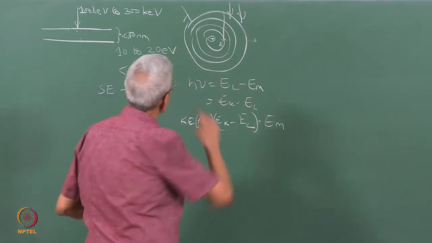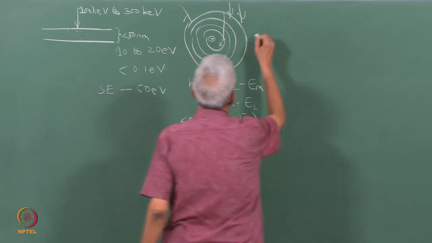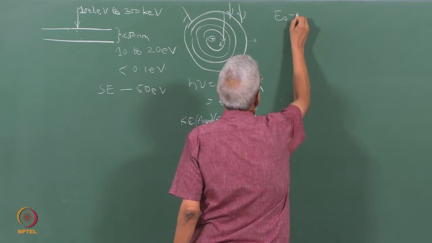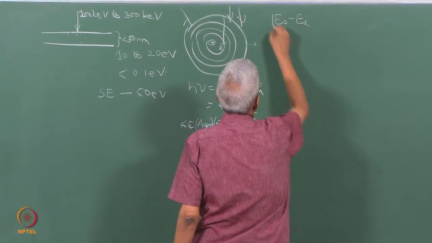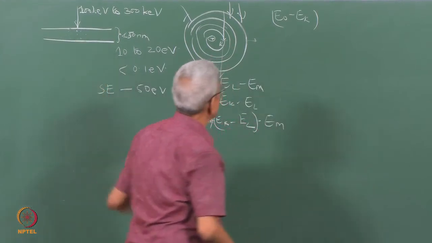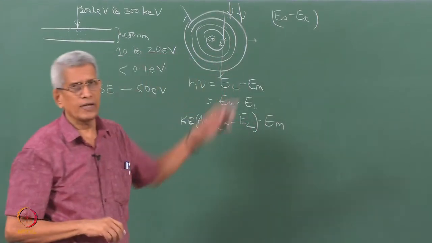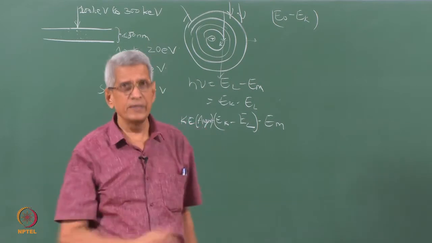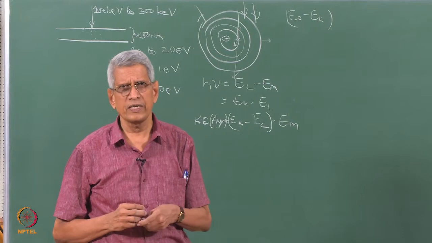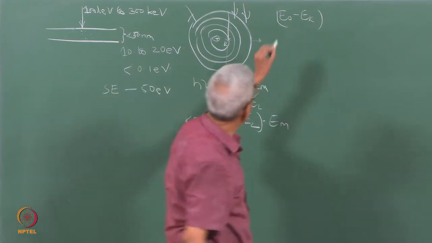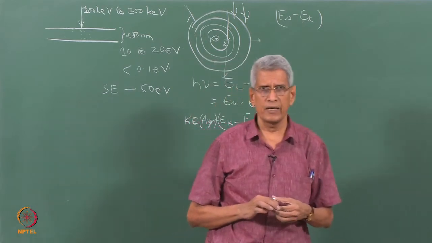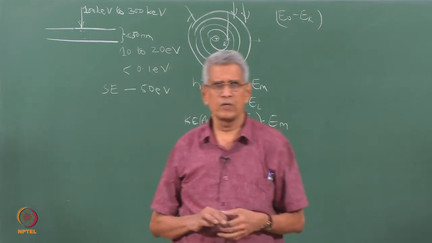Now we know the energy which it has lost. If the primary energy of the electron beam is E0, then E0 minus EK is the energy with which the electron comes out of the sample surface. This energy is also characteristic, because a definite amount of energy has been lost, characteristic of the element.